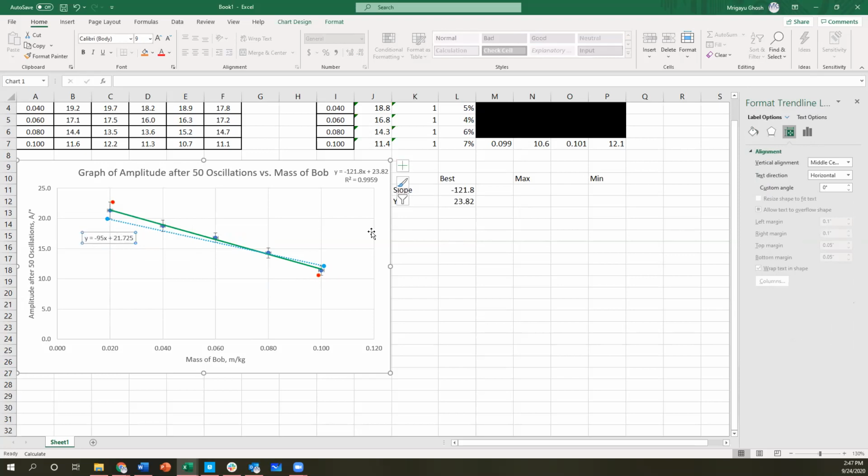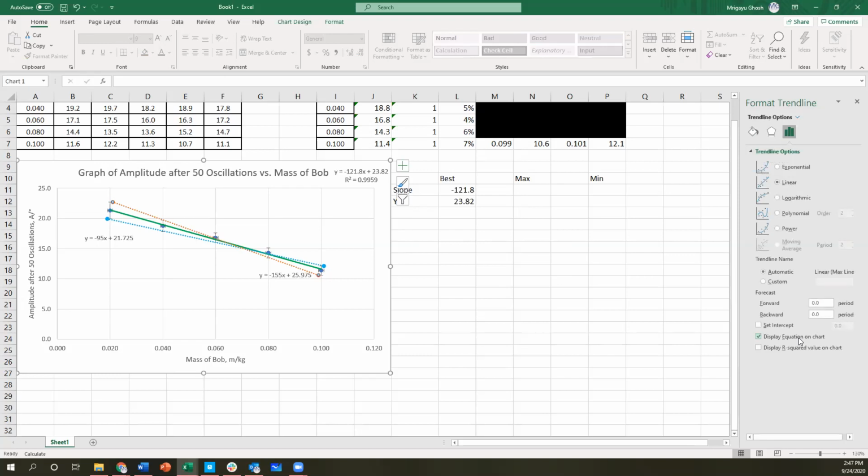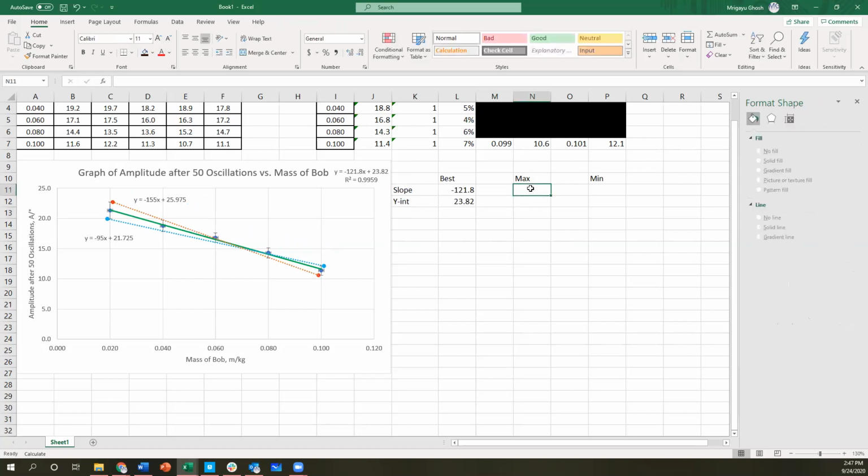And then for the max line, we're going to select that series. And similarly, we're going to go on the plus sign, click on trend line, and then go to more options, and then once again display equation on chart, and there you go. Okay, so now we know that our max line slope is -155, right?